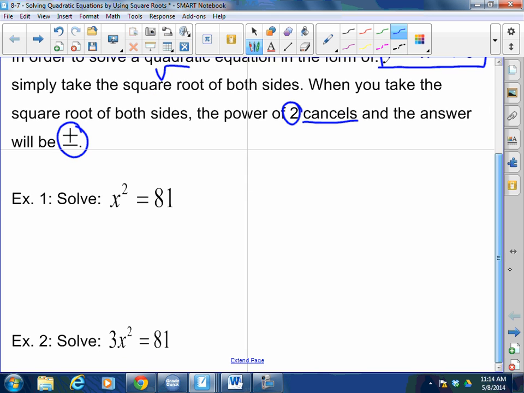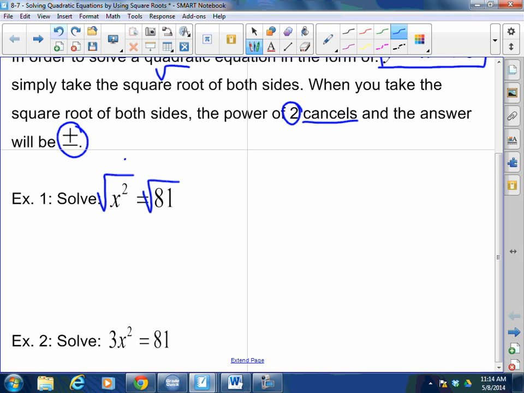For example, what if I just told you solve x squared equals 81? Well, I want to get the x by itself. So I've got to get rid of that power of 2. And in order to get rid of that power of 2, I take the square root of both sides.